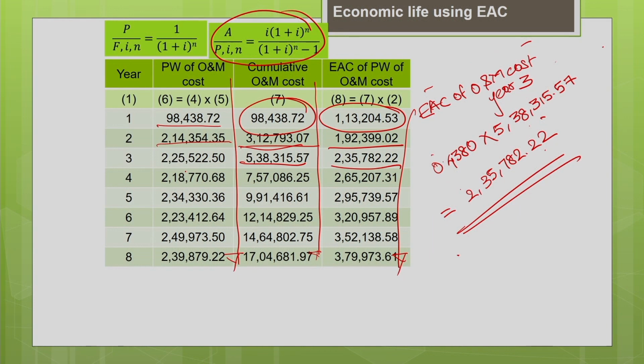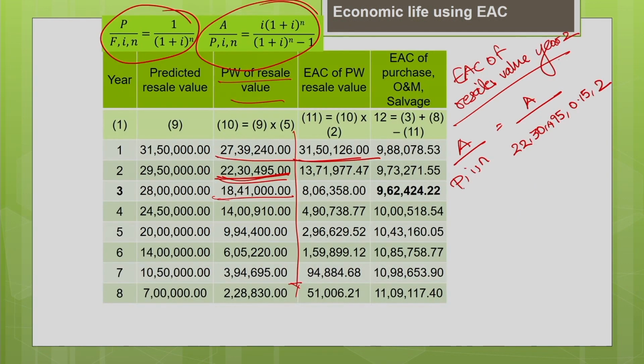Okay. So, now we find the factor, already we have determined the factor is nothing but 0.6151. Okay. So, 0.6151 is a factor, multiplied by 22 lakh 30,495. So, this gives me the equivalent annual cost of the resale value as 13 lakh 71,977.47.